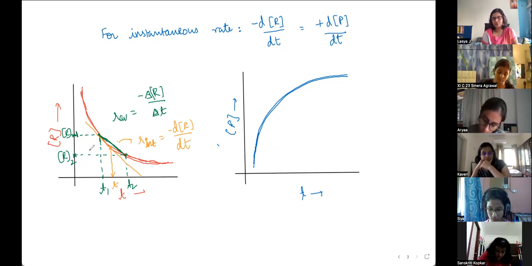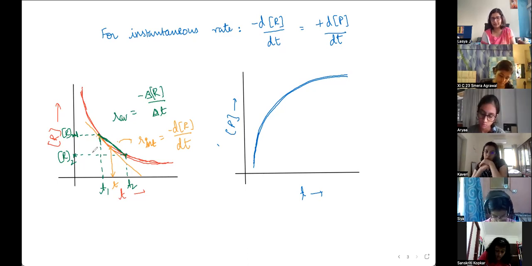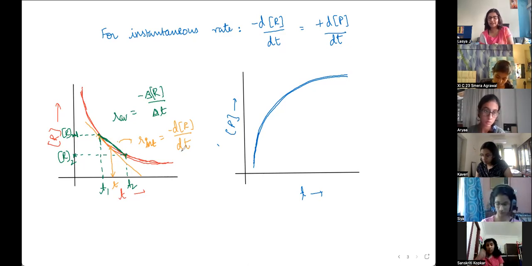Over a range, how do you calculate the slope? You subtract y2 minus y1 upon x2 minus x1. But if you want to calculate the slope at a particular point, you differentiate it once. That's why it's dR by dt.